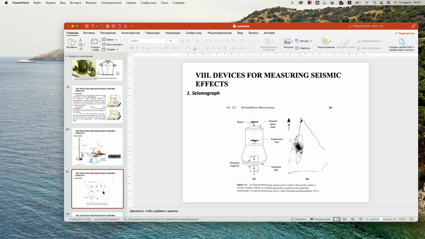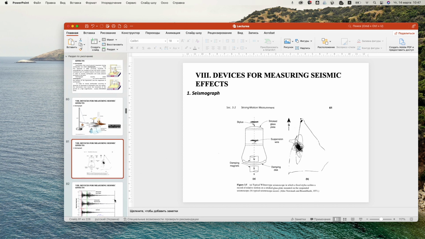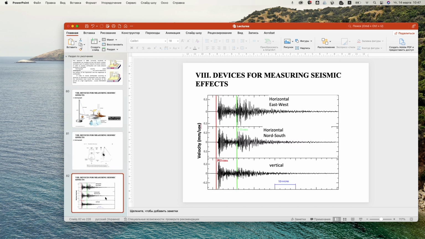So here is the movement. Here is the result of earthquake impact. And here you can see the 3D record of an earthquake impact.